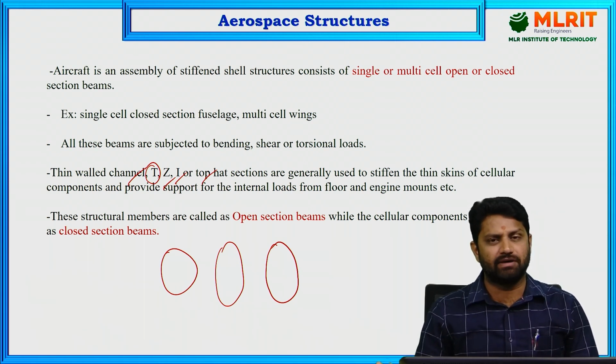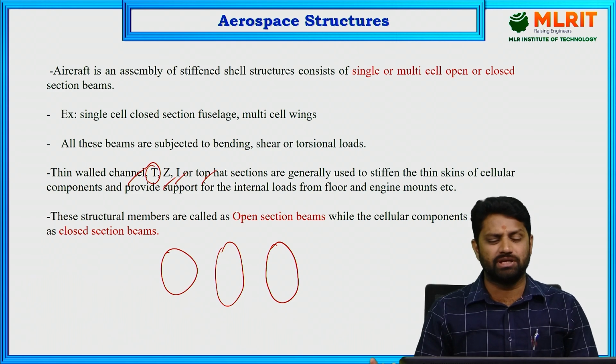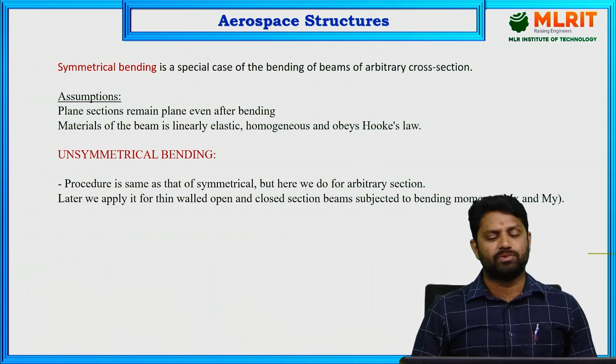So in the aircraft, you may have components of open section, or you may have components of closed section. Sometimes you may have a combination of both open and closed section beams with a single cell or multi cells. So symmetrical bending is a special case of bending of beams of arbitrary cross section.